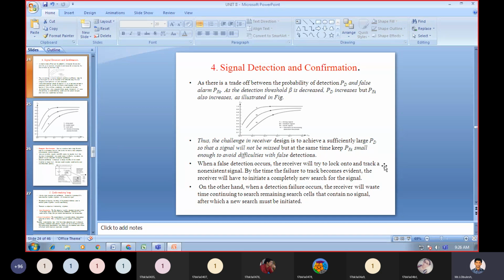By the time the failure to track becomes evident, the receiver will have to initiate a completely new search for the signal.